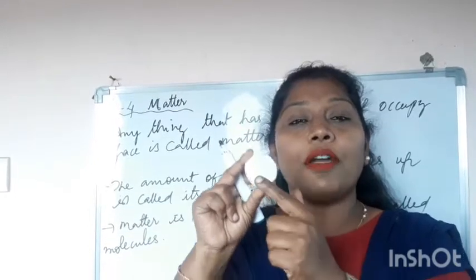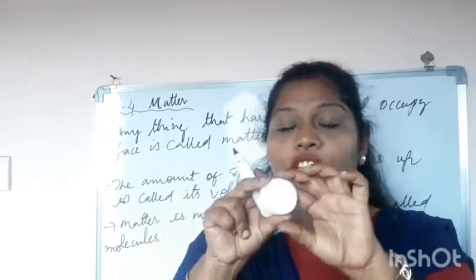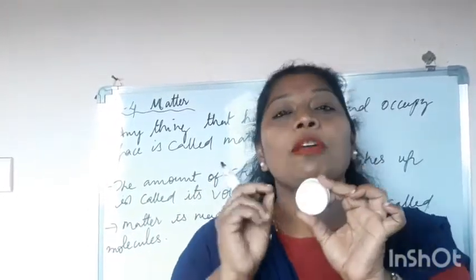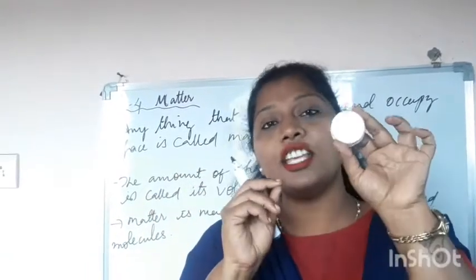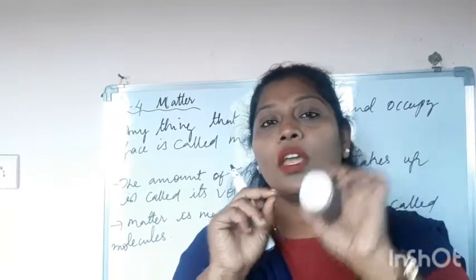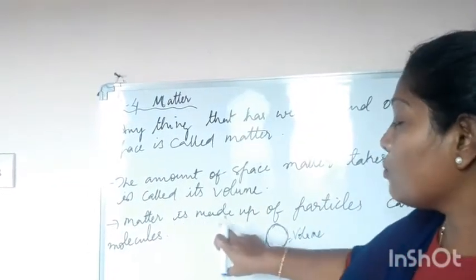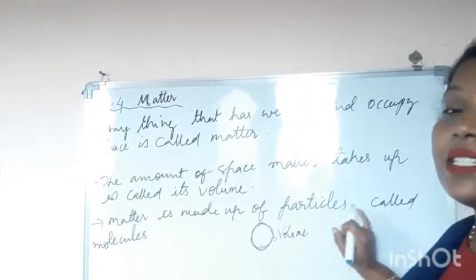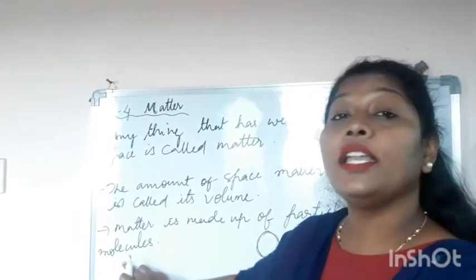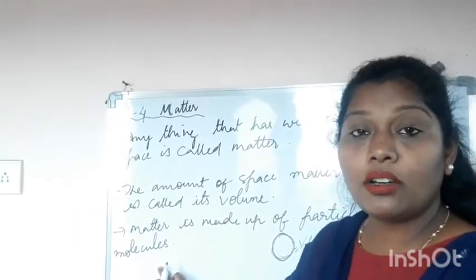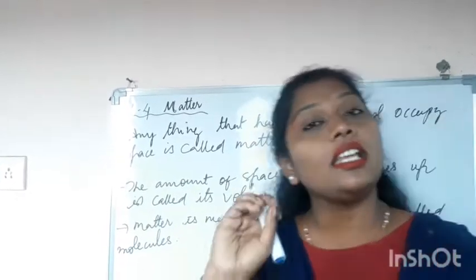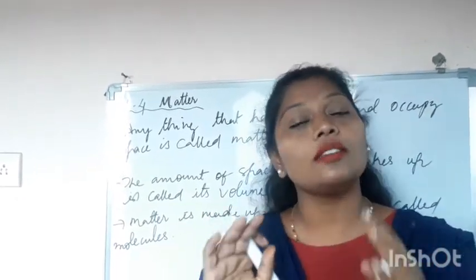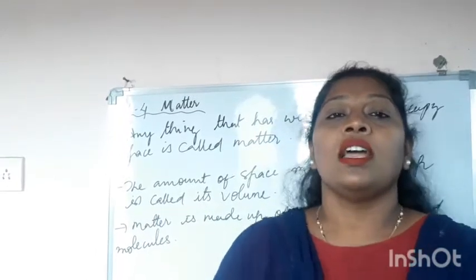Okay, if I want to get this shape, ఈ ప్లాస్టిక్ మాలిక్యూల్స్ నేను ఒక్కొక్క దాన్ని జాయింట్ చేస్తేనే ఈ షేప్ వచ్చింది, అవునా కాదా? So matter is made up of particles called molecules.